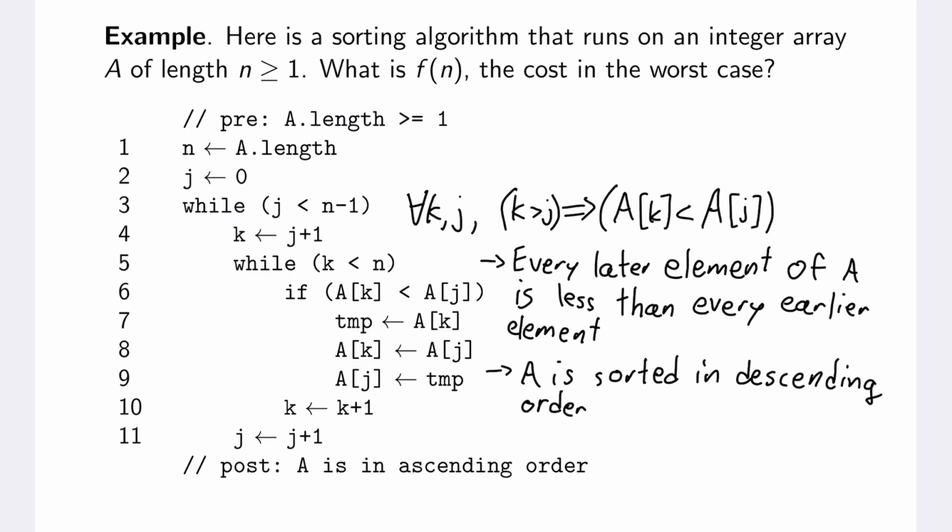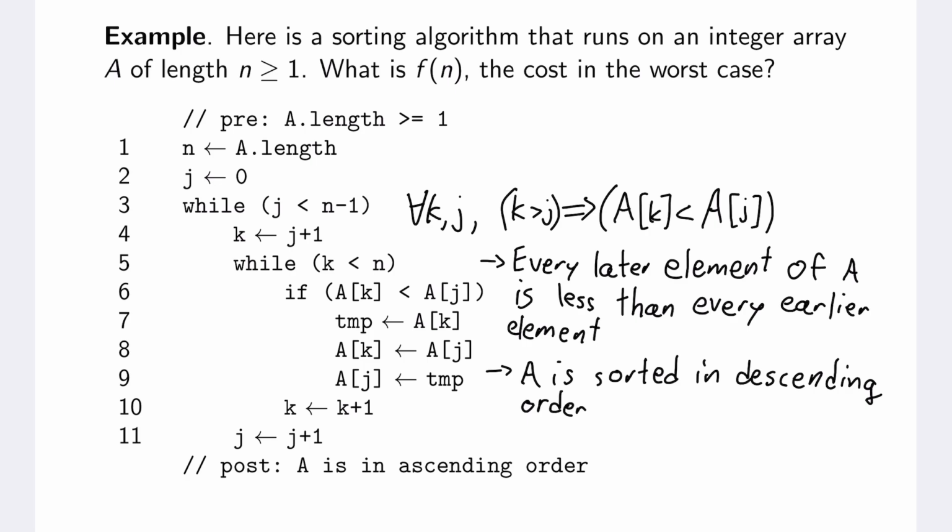This algorithm, like this block of code, swaps the values at A[K] and A[J]. And while it might be nice to look over this as an exercise later, it's not too important. You can just trust me that the act of swapping array values at K and J doesn't change the fact that A is sorted in descending order.